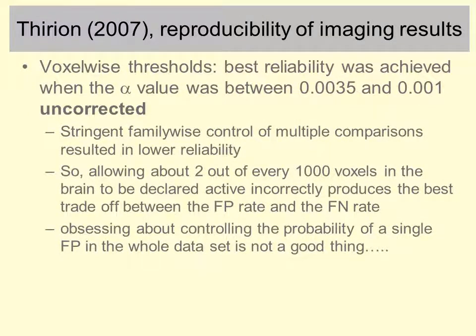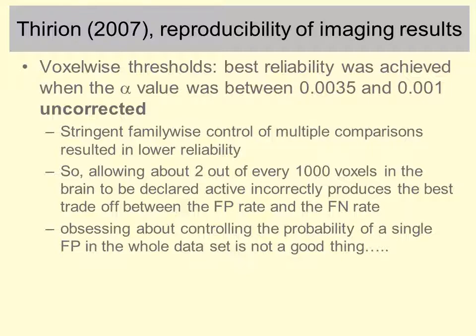Now, somewhat surprisingly, they found that reliability of fMRI, that is, the ability to reproduce findings, was best when the alpha value selected was between 0.0035 and 0.001, uncorrected for multiple comparisons.